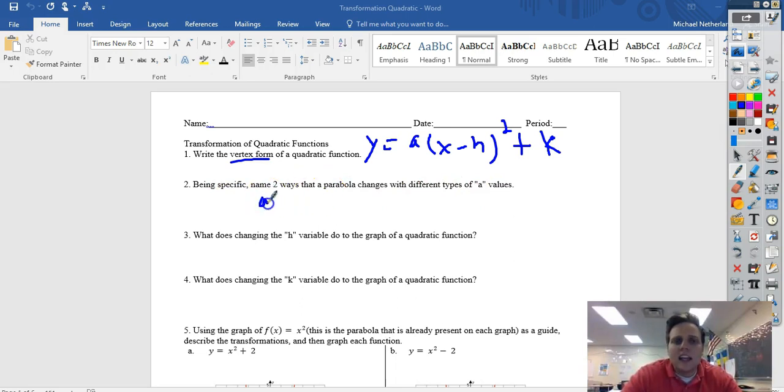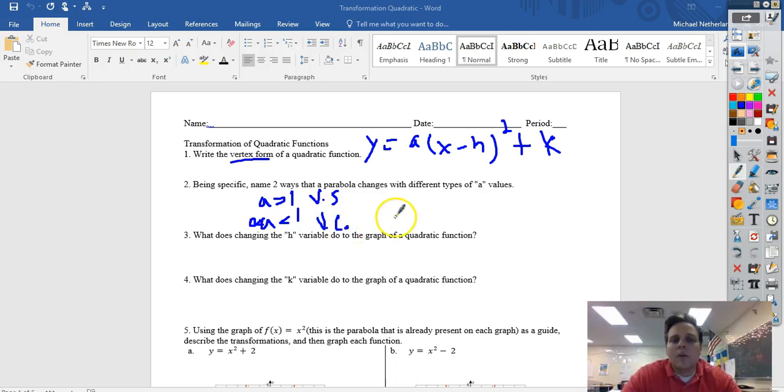If a is greater than 1, we have what is called a vertical stretch. I'm just going to write VS, but it stands for vertical stretch. If a is between 0 and 1, so 0 is less than a and a is less than 1, then we have what is called a vertical compression.